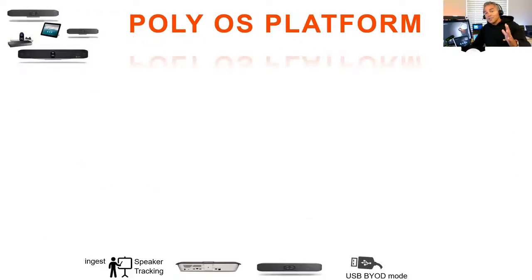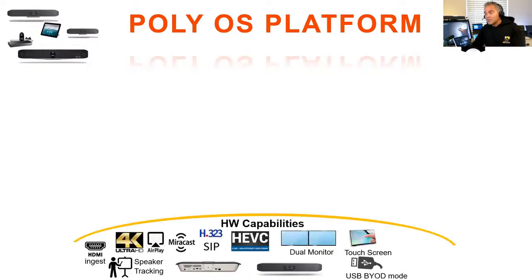All right, just a little bit on the basis, because I think this is very important. If we're looking at the platform, the PolyOS platform on Studio X, there's a lot of features in there, a lot of great features. And I always use this as the basis before I talk about the software release we have right now.